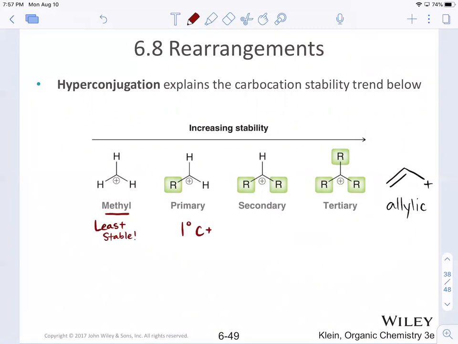They're more stable than methyl. Right here is a big dividing line of what we typically see. Secondary carbocations can form. There's enough hyperconjugation with two R groups donating electron density towards the carbocation. Tertiaries are the most stable of our R group systems.